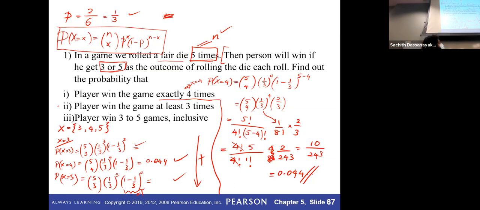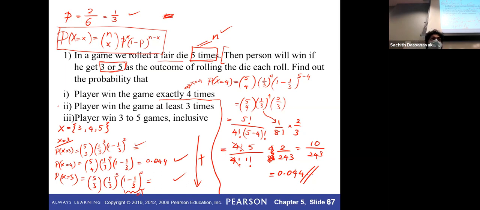Check the third one. It says win 3 to 5 games. Win 3 to 5 games. It has nothing to do with face values, 3 or 5. But this means win 3 to 5 games. 3 to 5 games mean what? Inclusive.